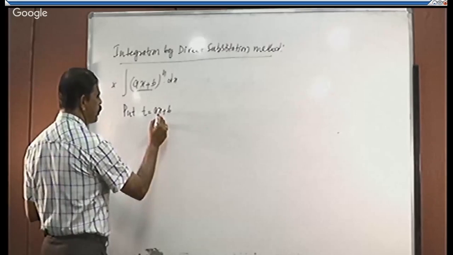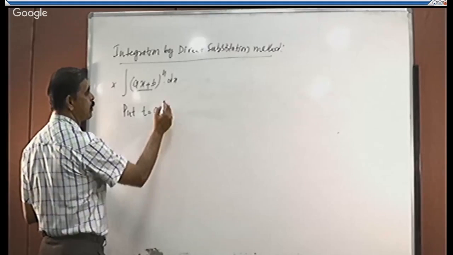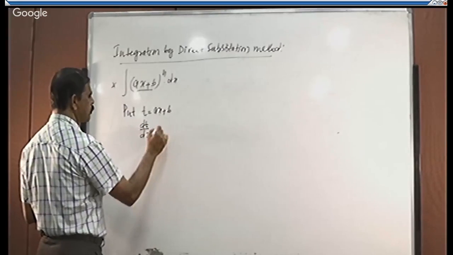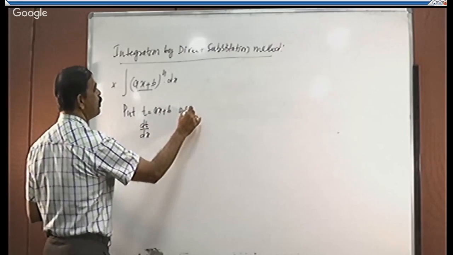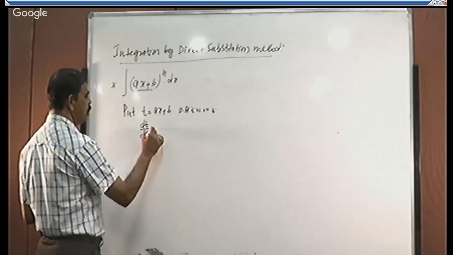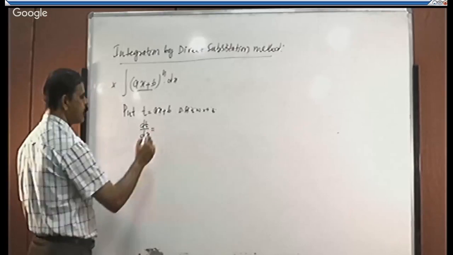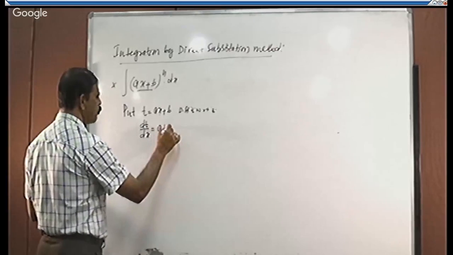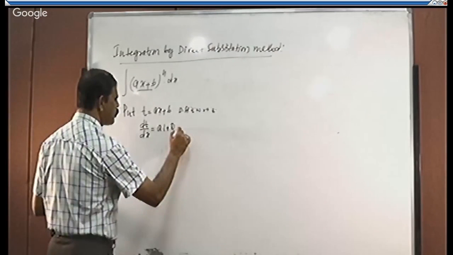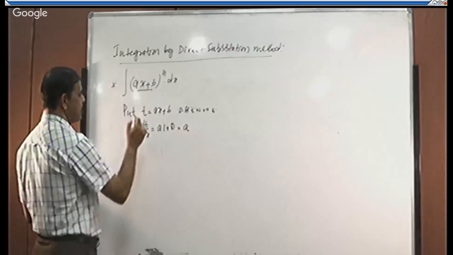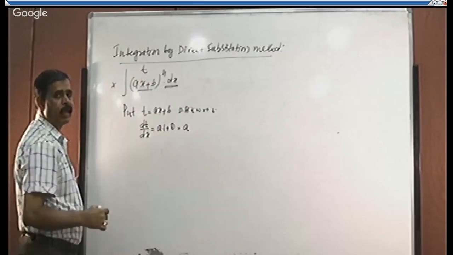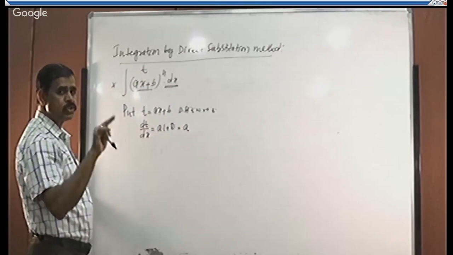Differentiate this ax plus b with respect to x. So we get dt divided by dx. Differentiate t with respect to x. dt by dx is equal to a into 1 plus b. Differentiation of any constant is 0. That is equal to what? a. So if I take this as t, this dx will remain, so that also has to be changed.